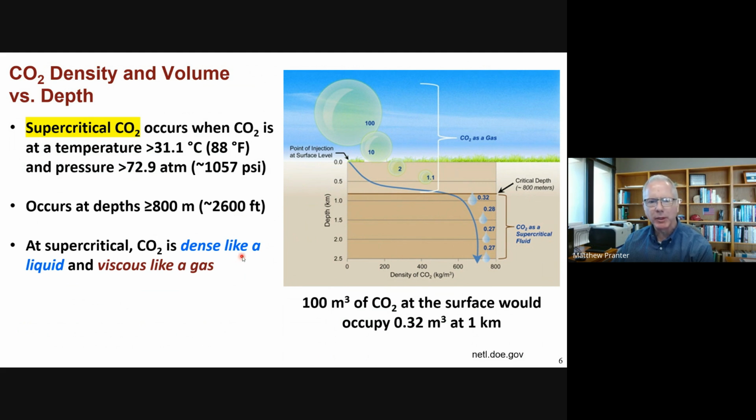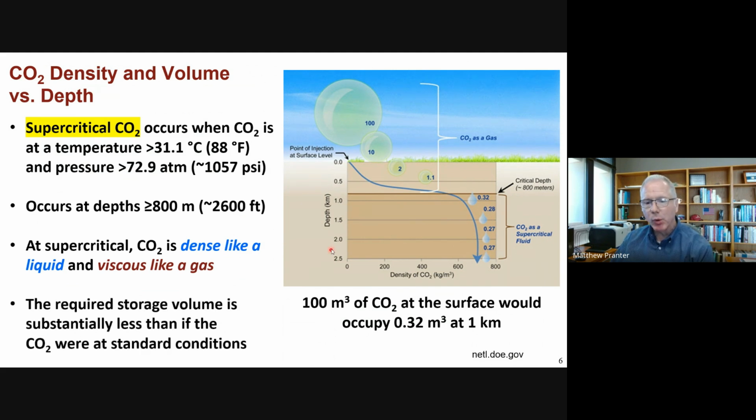It's dense like a liquid, but somewhat viscous like a gas in terms of how it flows through the rock formation. What's important is that as it's injected into the subsurface, the volume of that CO2 is reduced significantly, so you can store the same amount of mass within a given pore volume. The required storage volume is much less at subsurface conditions.